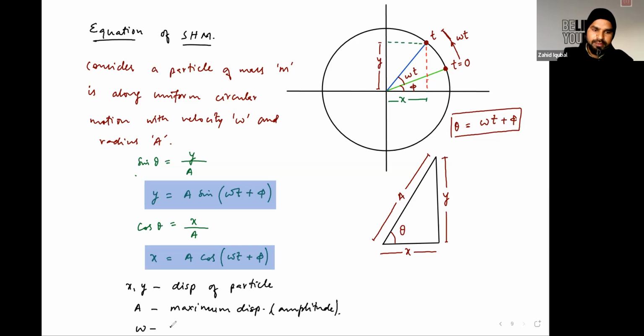Omega is called angular velocity, which is nothing but 2 pi over T, or simply 2 pi times frequency.